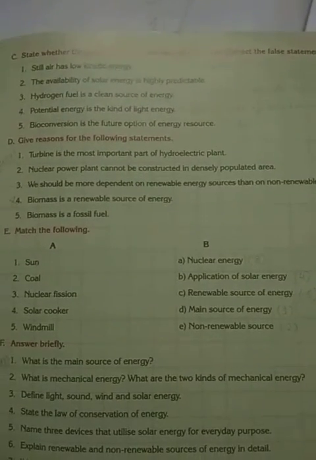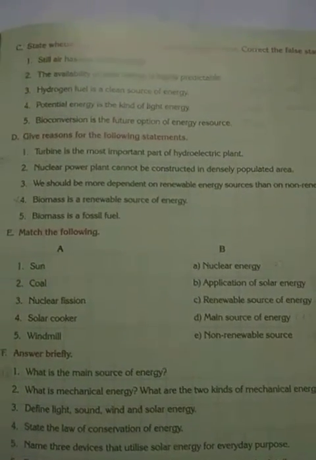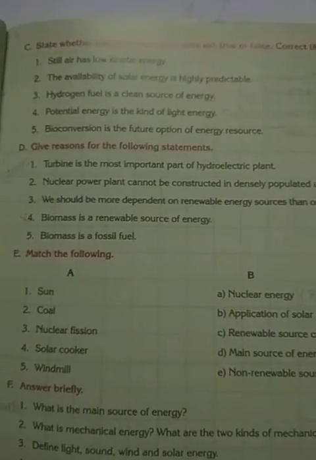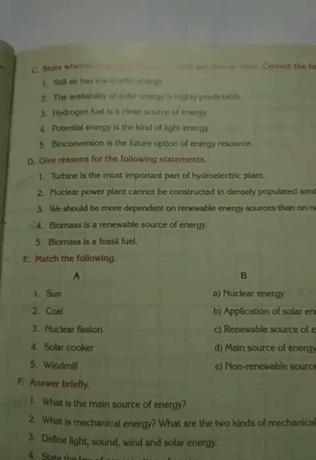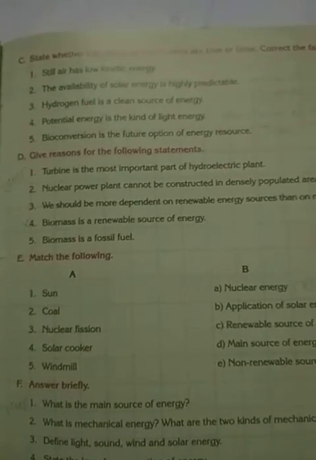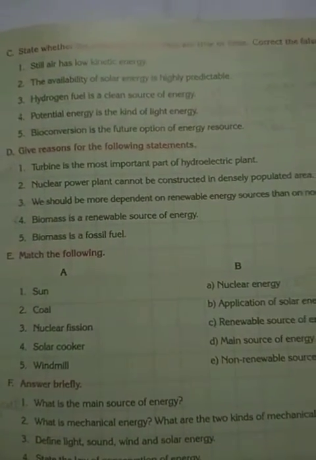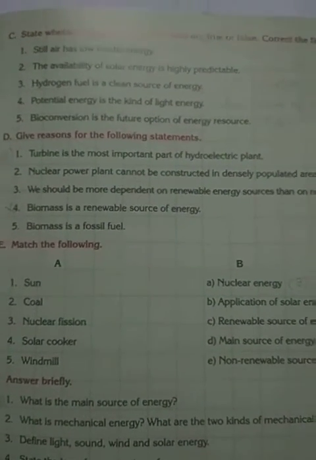Biomass is a renewable source of energy. Biomass, you know what biomass means, you have read that. Renewable source of energy means, you know, that which has an unlimited store, and biomass also has an unlimited store. So this is a renewable source of energy. Biomass is a fossil fuel.